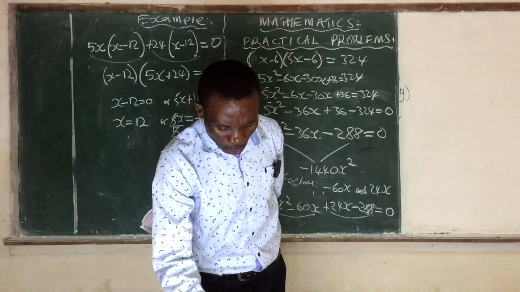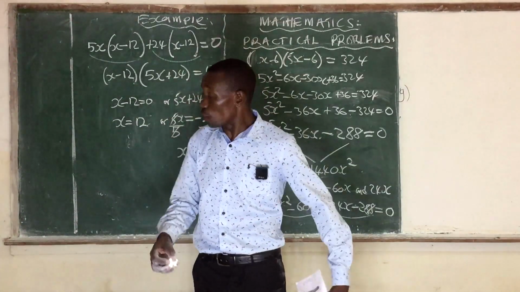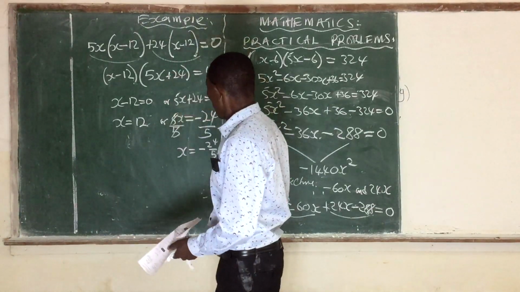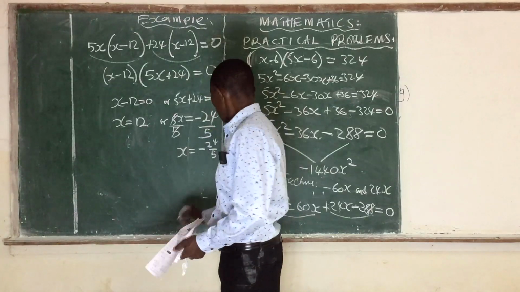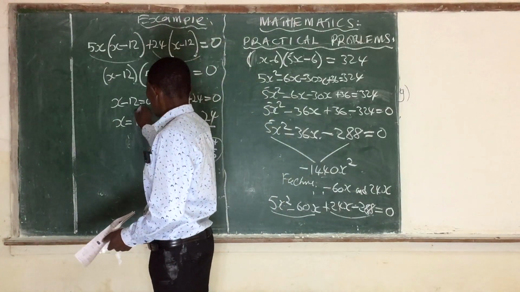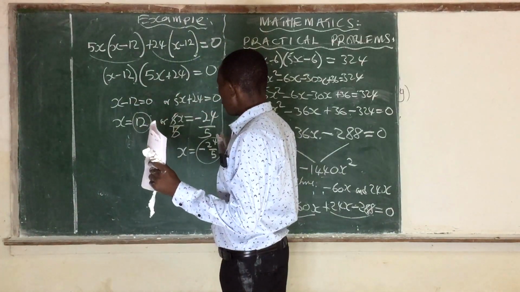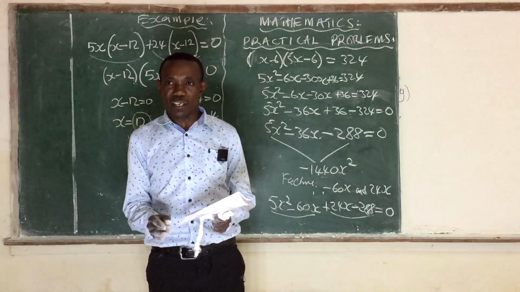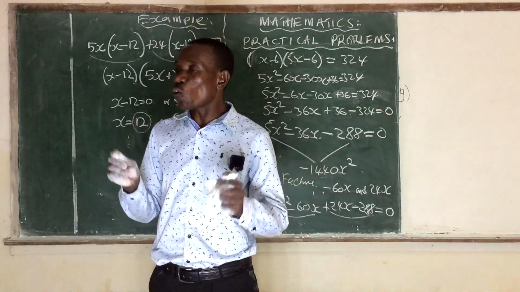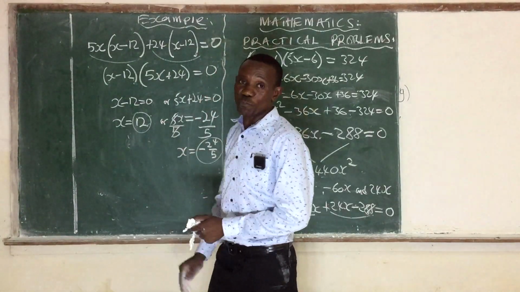Right. So we earlier said x is representing the age of somebody, who is in this case the age of a daughter. But now we have found the two values of x, the negative 24 over 5, and here I've got positive 12. So if you look at it, you can consider the issues about ages realistically. There's no age of somebody represented in negative. You always talk of positive. So here now, since I've got two values, it's not right to use both of them.